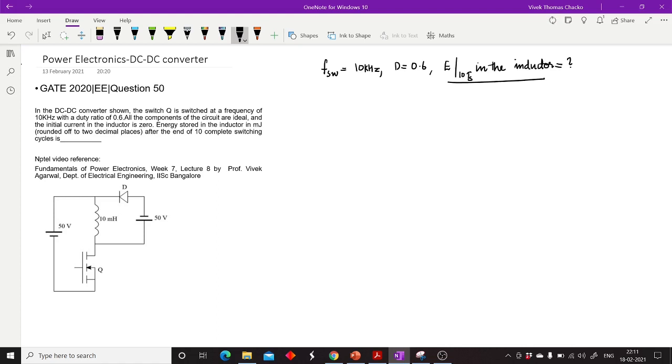So, first we will understand the converter. Between 0 less than or equal to t less than or equal to dTs, we know that the MOSFET Q is conducting. Therefore, the circuit becomes as drawn.